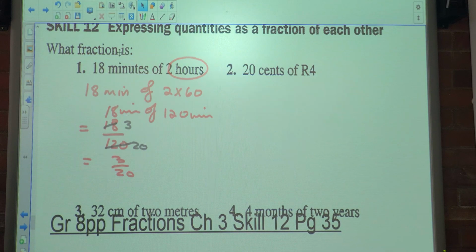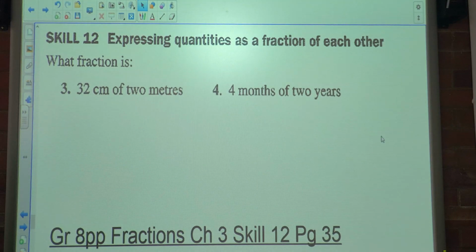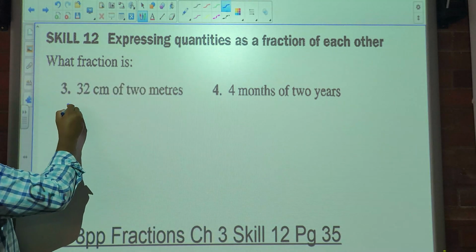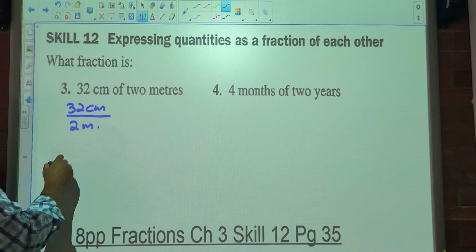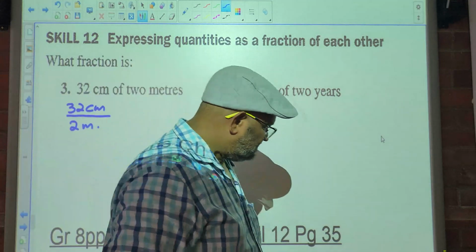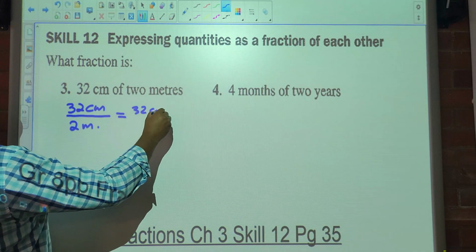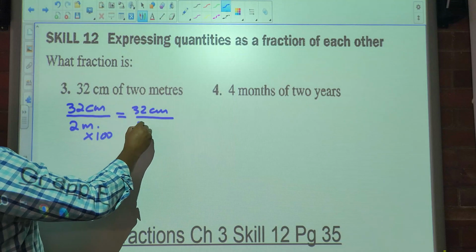Number 3. 32 centimeters of 2 meters. How many centimeters are there in a meter? 100. So it's going to be 32 centimeters over, remember, multiply by 100, 200 centimeters.